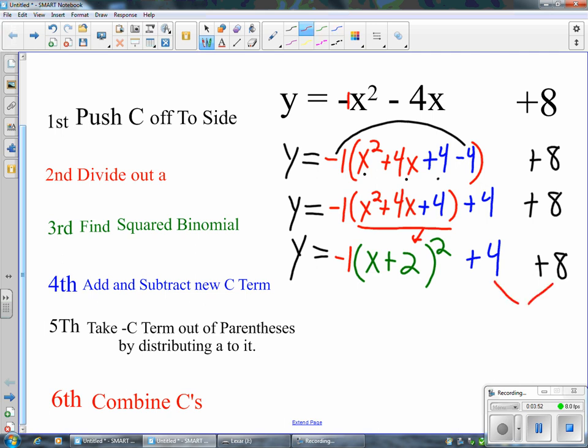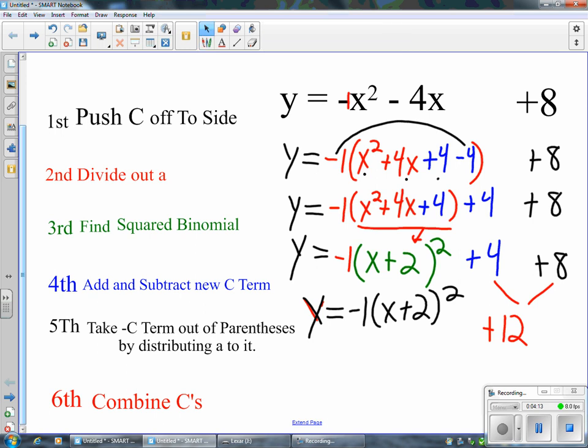So these two c's, the old c and the new c, make a +12, and we're left with y equals -1 times x plus 2 squared plus 12. And that's it. And you're into vertex form. Good luck. Hope this helps.